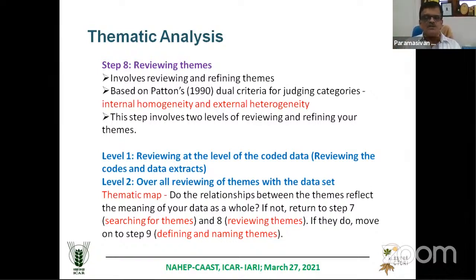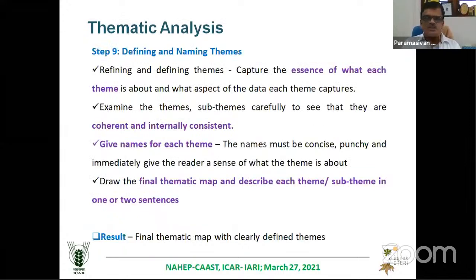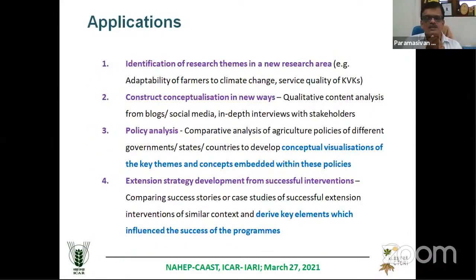Finally, you have to review it at the final stage of thematic analysis. And like I already told, you define and name the themes, and you have to create the thematic map.